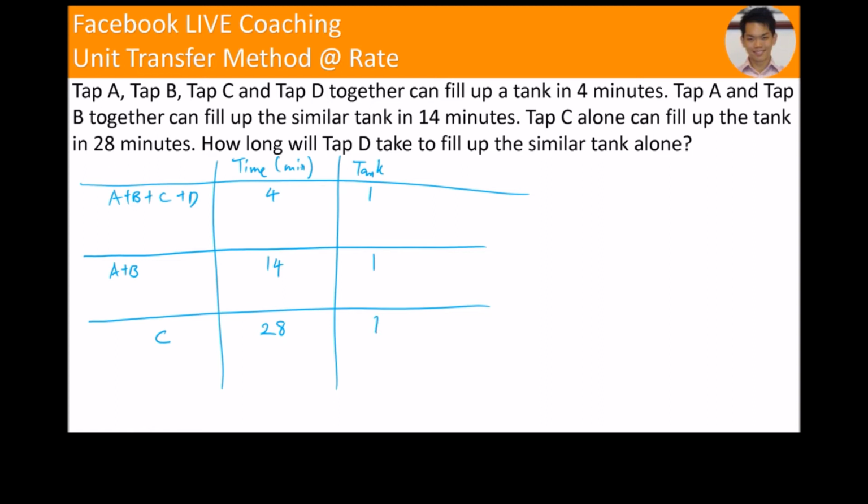Okay, so for those who just joined us, what I was describing earlier is that in rate, you need to make the time common first, because if you don't have a common time, there is no fair comparison to be made.